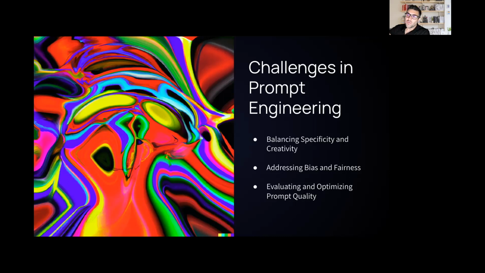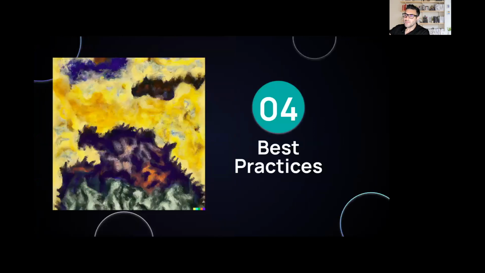So addressing these challenges in the prompt will be vital for you to get the best out of the system. And then finally, we don't have any way to evaluate and optimize the prompt quality. This is something important for the future, to develop systems to help optimize the prompt quality as well.